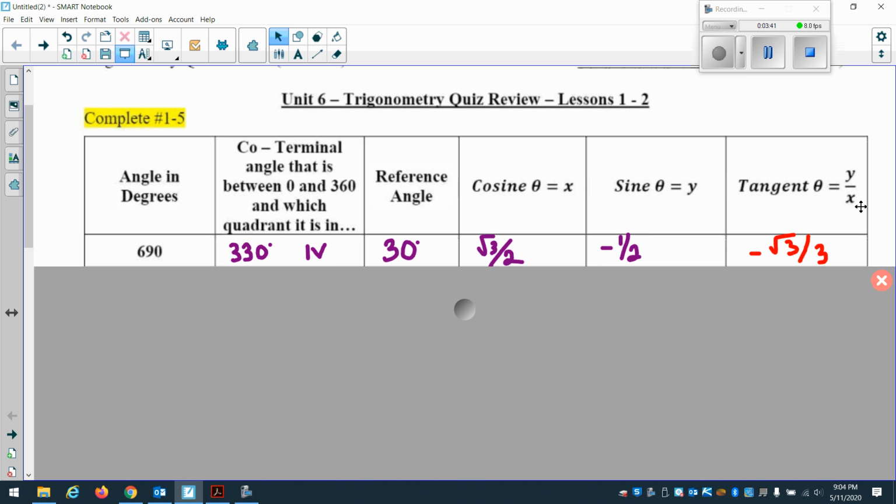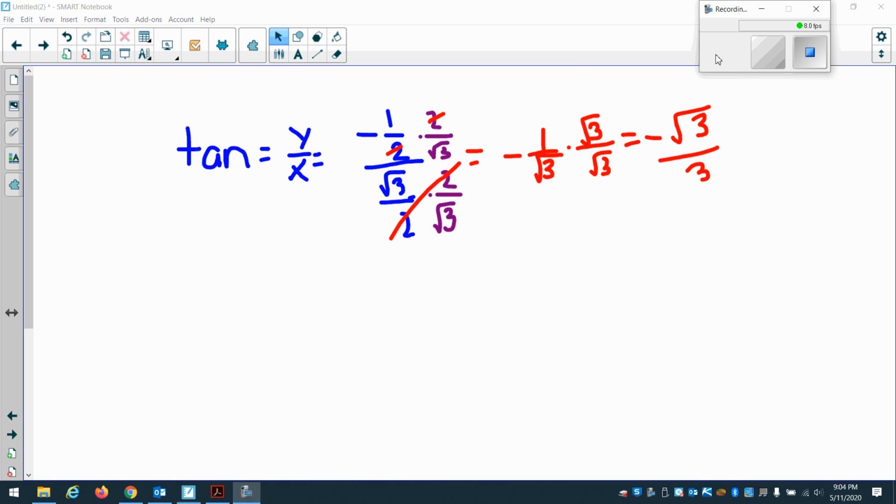Now to find tangent, okay, it's y over x, so it's sine over cosine. This is what it would look like if we did it out completely. You have negative 1/2 over root 3 over 2. You multiply top and bottom by the reciprocal, so multiplying by 2 over root 3, top and bottom. Your denominator cancels out, and also your 2's cancel out.